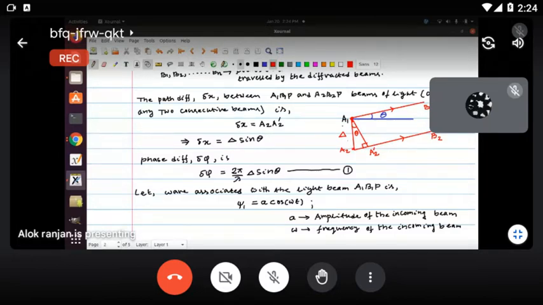Since this is equally spaced, delta will remain the same. So delta phi will be 2 pi over lambda times the path difference delta sine theta.